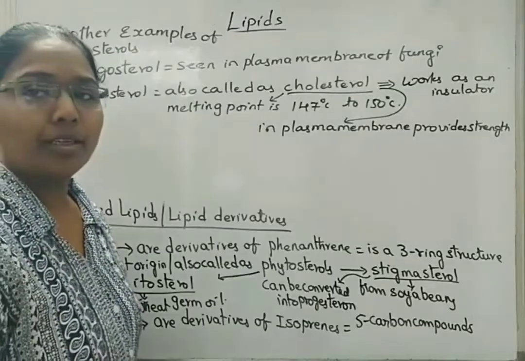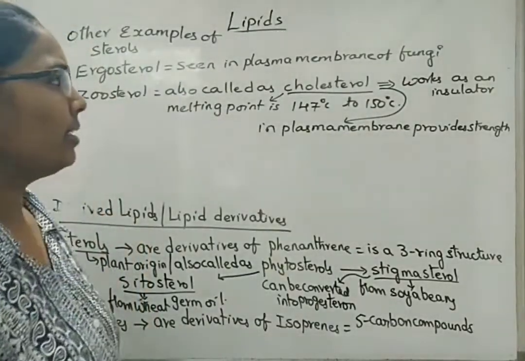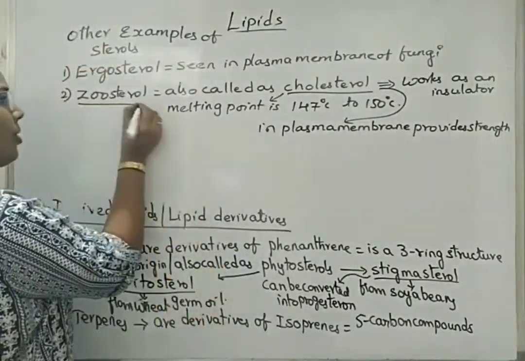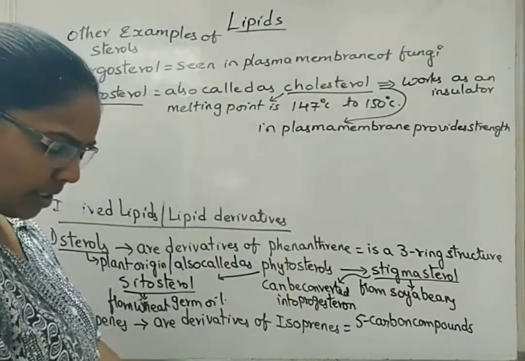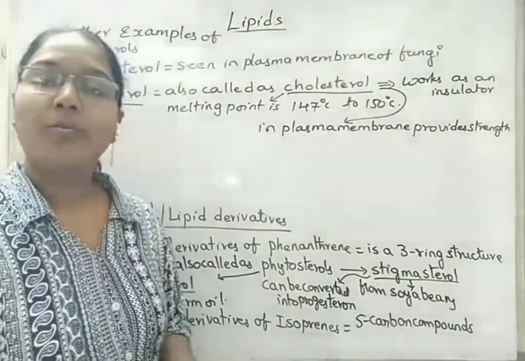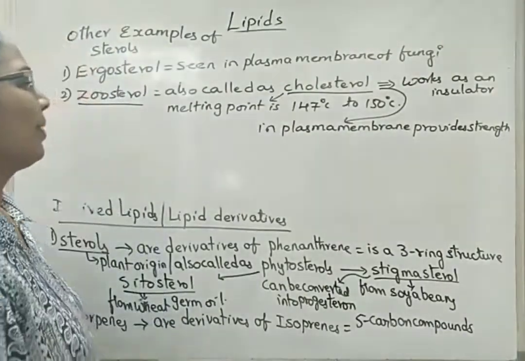Other types of sterols are ergosterol, which is seen in the plasma membrane of fungus. The other one is zoosterol, also called cholesterol, and it works as an insulator. Its melting point is 147 to 150 degrees centigrade.